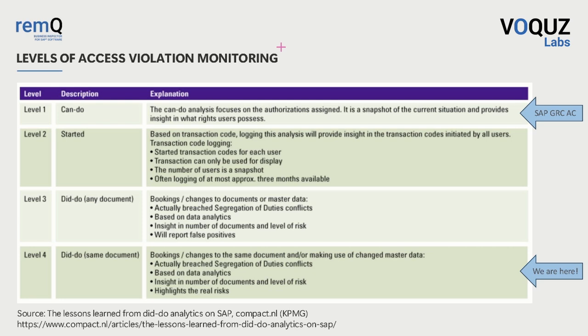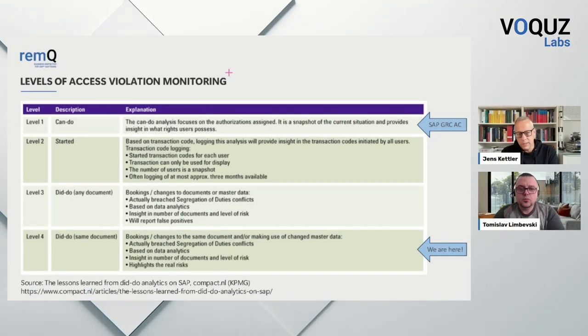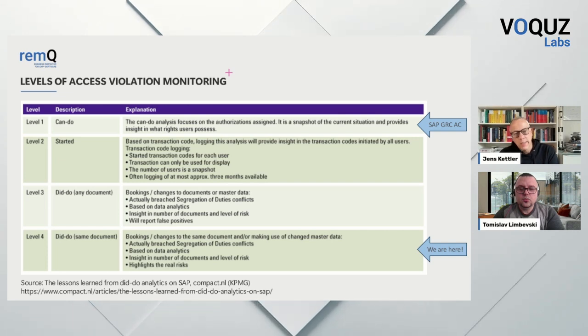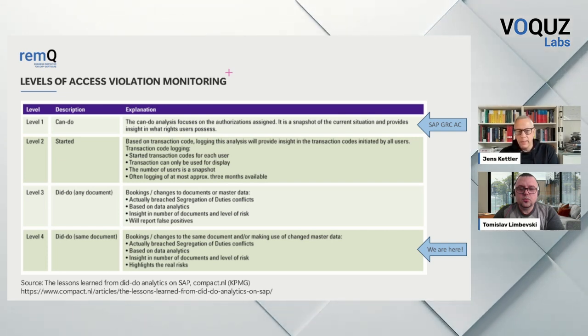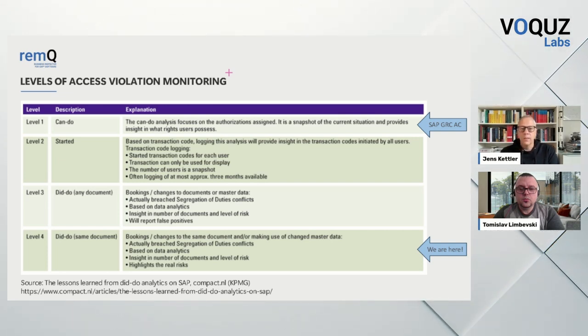You could also look at whether a user really used those authorizations. Did he start a certain transaction, maybe the transaction to maintain vendors, or a transaction to enter or maintain purchase orders? If he started that transaction, that's denoted as level 2.